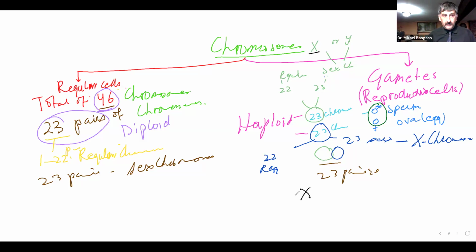The combination is going to be XX. And that's why the offspring is going to be a girl.